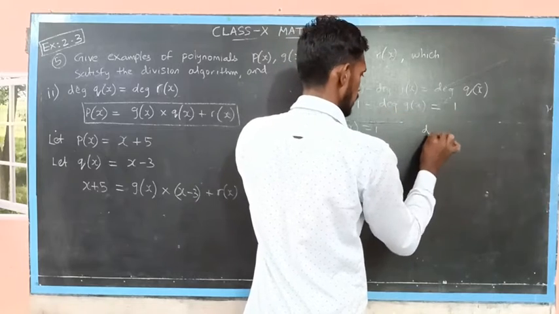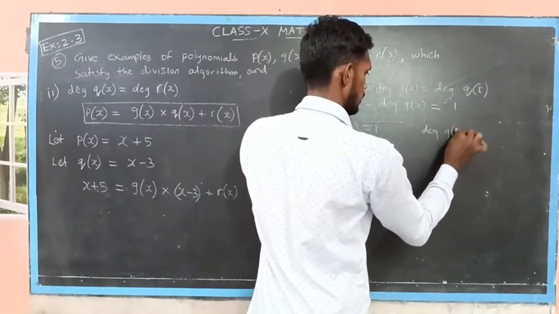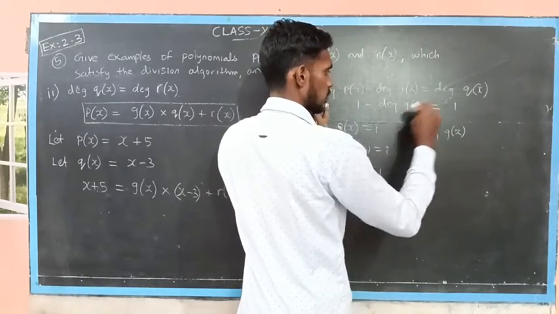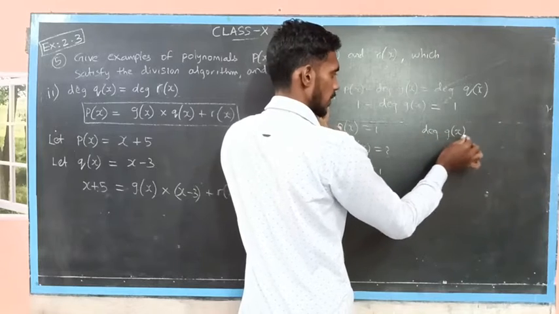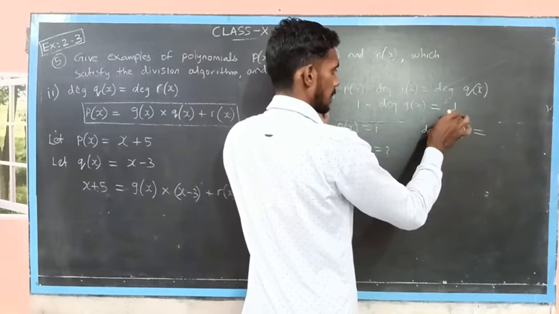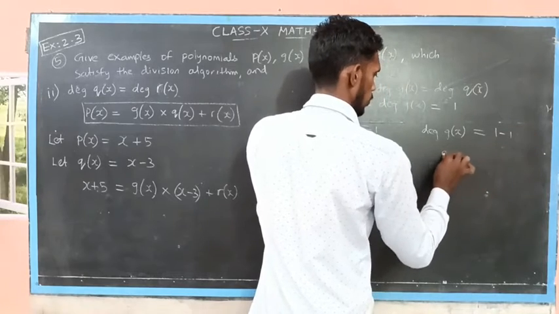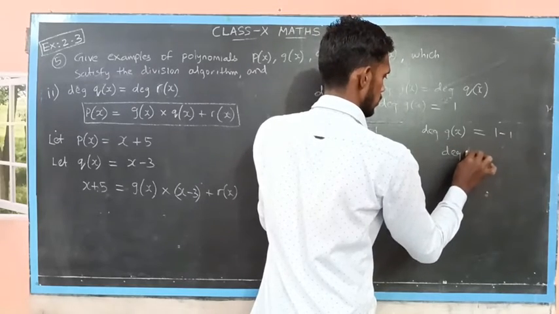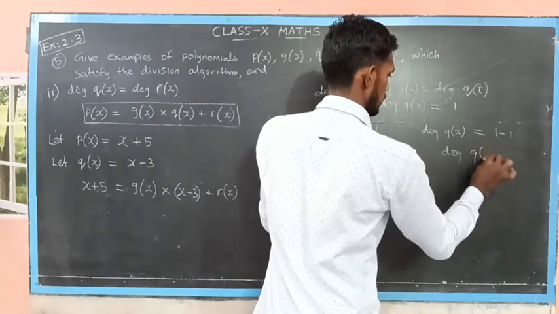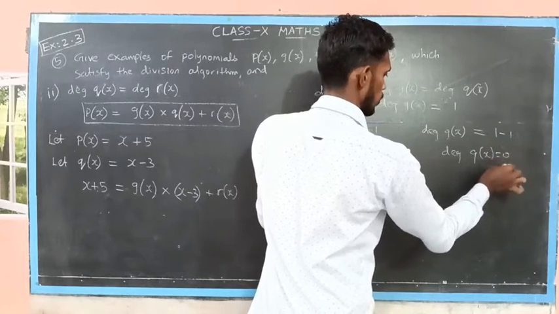So, degree of g of x, I am taking this degree of g of x to the right side, it will become plus degree of g of x is equal to, I am bringing this 1 to this side, becomes 1 minus 1. So, the degree of g of x is 0. Okay.